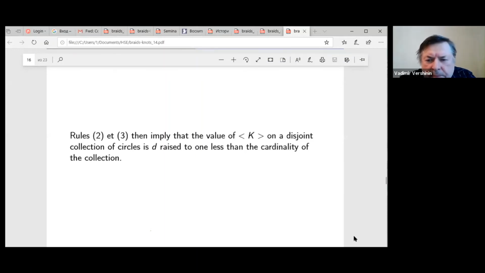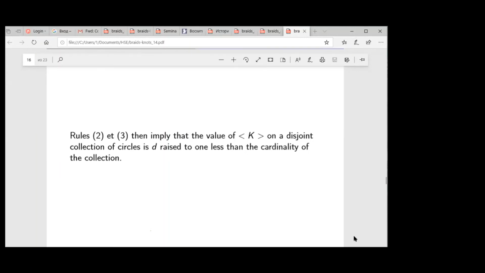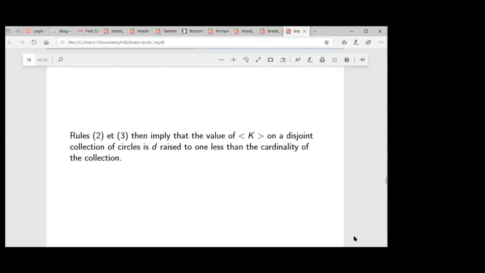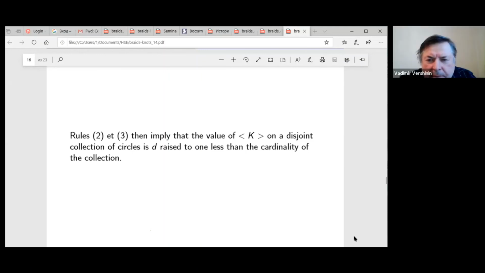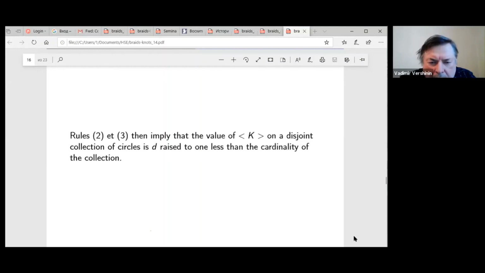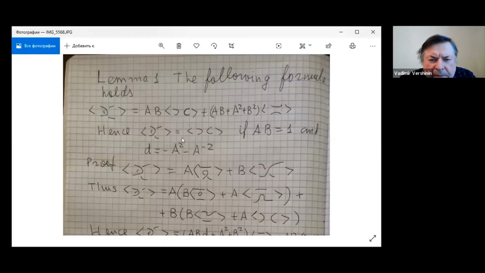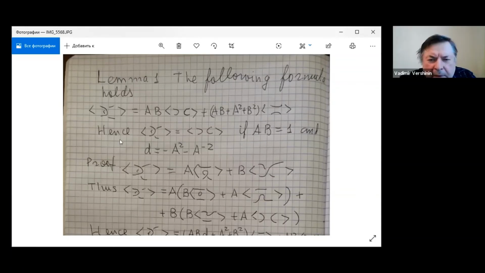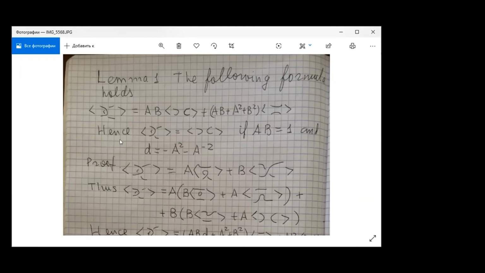Do you see the screen, Tatiana? I see. You see my handwriting, terrible. You see Lemma 1? Yes, Lemma 1. I see rules 2 and 3. Now, you see? Yes, I see. Very good. Sorry.